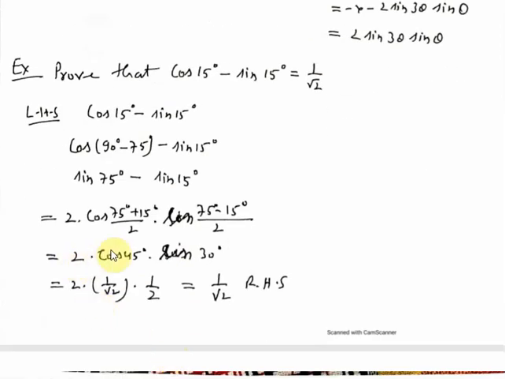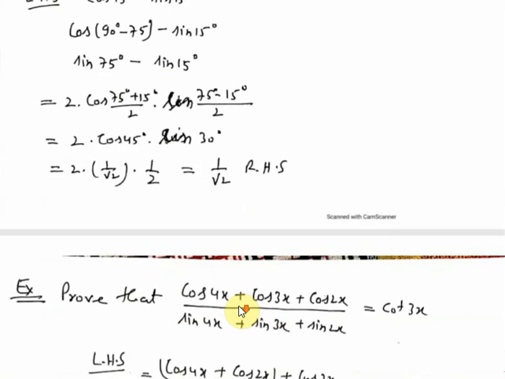So this is 2 cos (75 plus 15, 90 divided by 2) 45, sine (75 minus 15 divided by 2) 30. So now we know the value of cos 45 is 1 upon root 2, and the value of sine 30 is 1 upon 2. This 2 cancels with this 2, we have 1 upon root 2. This is the right hand side.